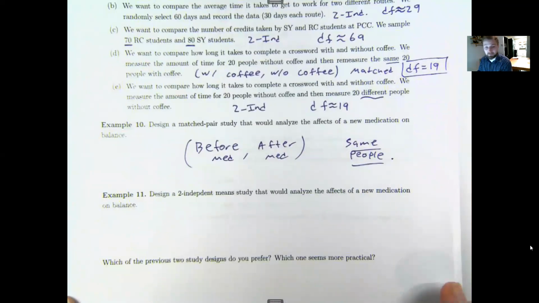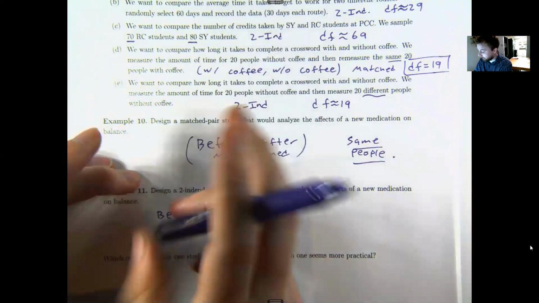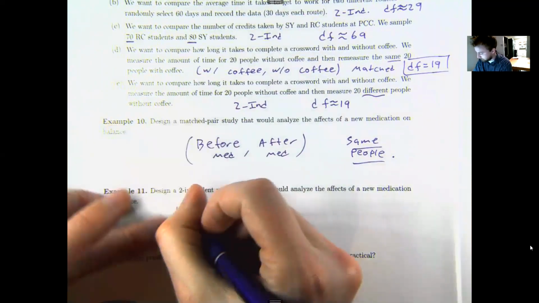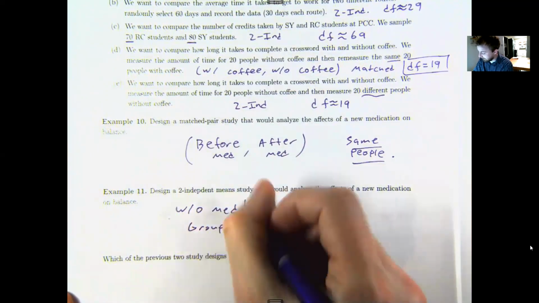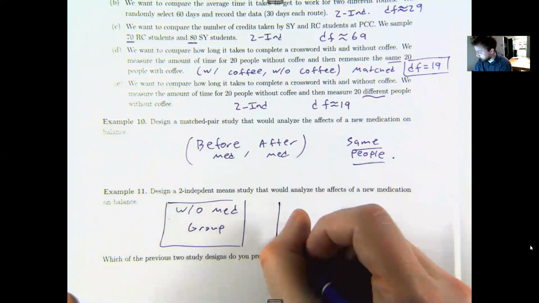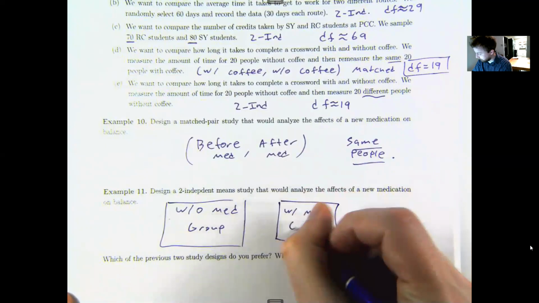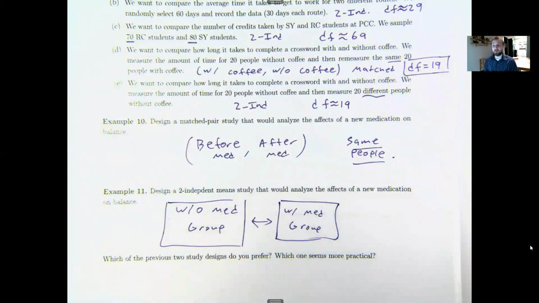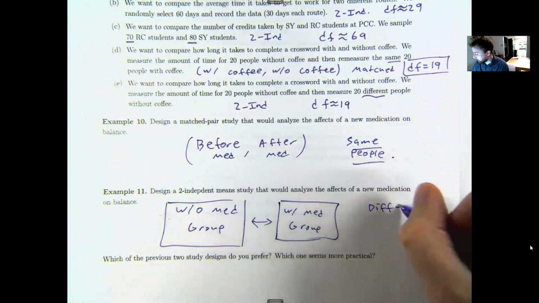In contrast, if I wanted to set this up as 2 independent means, I could have a without medication and a totally separate group with medication, and then I can compare these two separate groups. So matched pair, I'm looking at same people. Two independent, I'm often looking at different people.